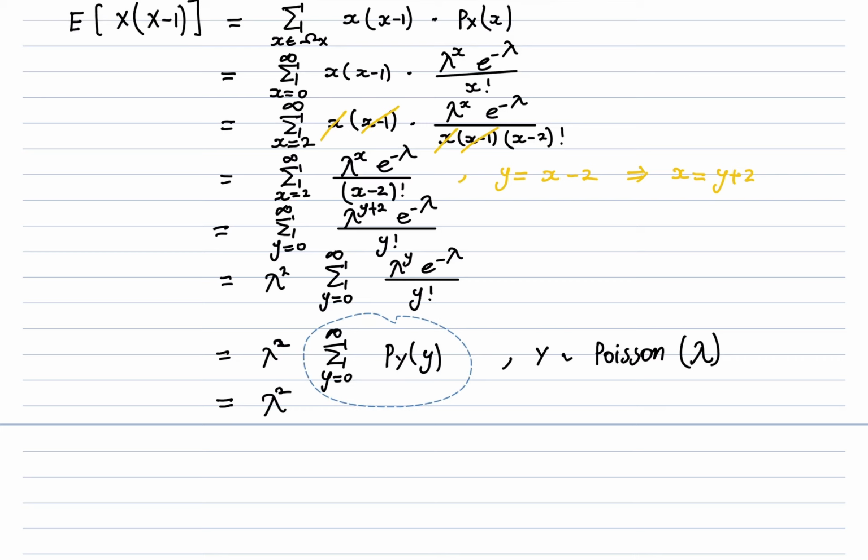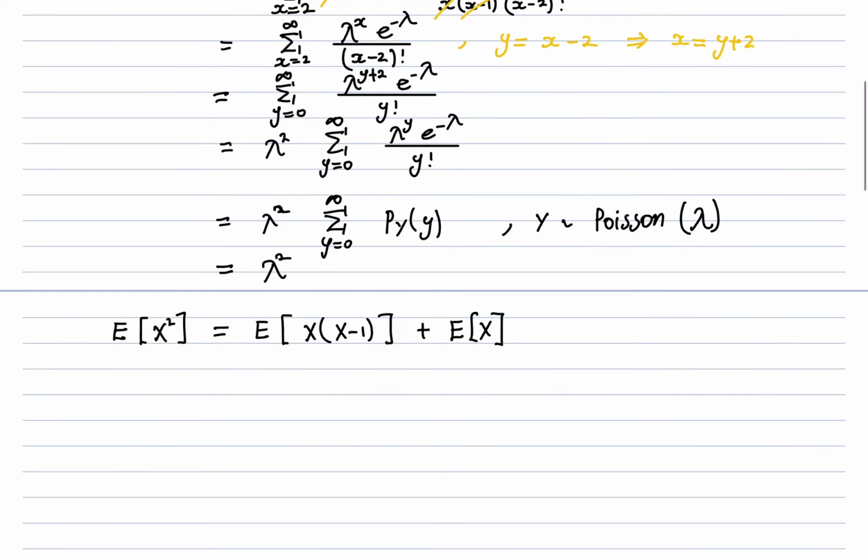So we've derived an expression for the expected value of x times x minus 1. This is going to allow us to derive an expression for the expected value of x squared, which again we defined before as this. Now we've derived the first component, we said that was lambda squared. We've derived the second part of this, we said that was simply lambda.